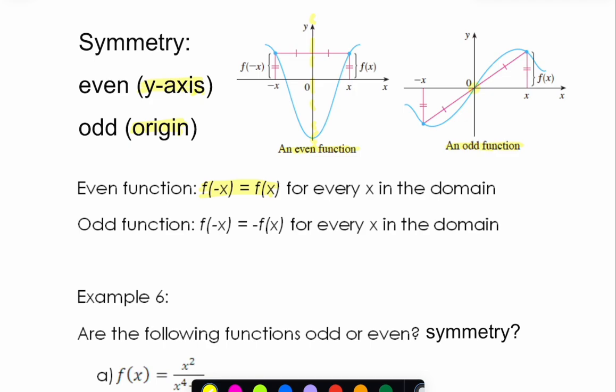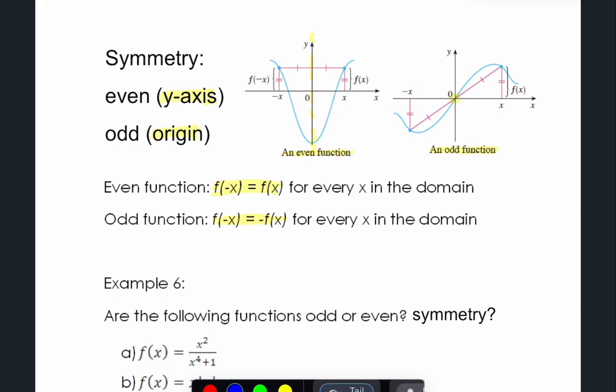In an odd function, a point that starts out in this quadrant, f of x, if you make it a negative, it would be the same value as f of negative x. So those are the things you want to remember algebraically, okay? Everybody have that written down?